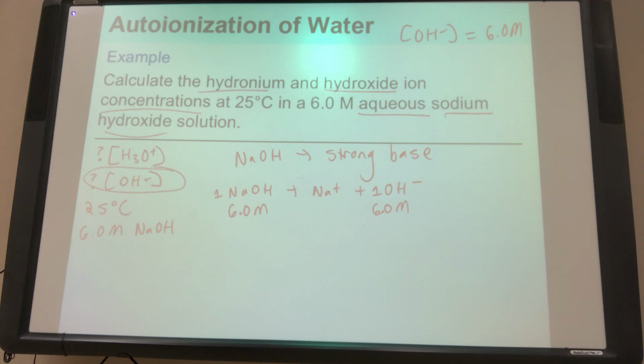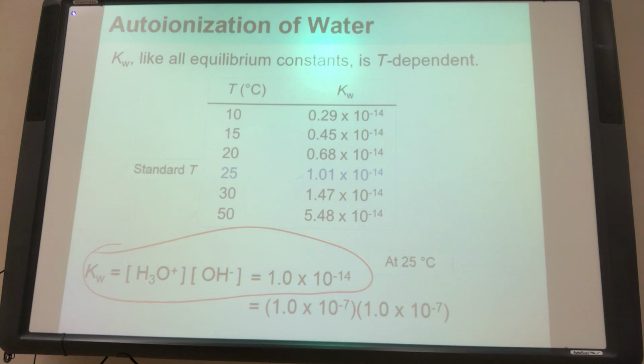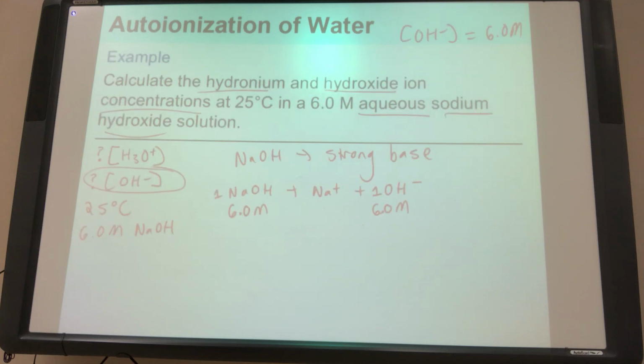The thing that relates OH- and H3O+ is my Kw. This guy relates OH- to my H3O+, because the Kw is a certain value at 25. That's why they gave me the temperature. Because they're telling me at room temperature, and then I know at room temperature what the Kw is. Or you could just go back to this chart. So Kw is equal to the H3O+ concentration times the OH- concentration.